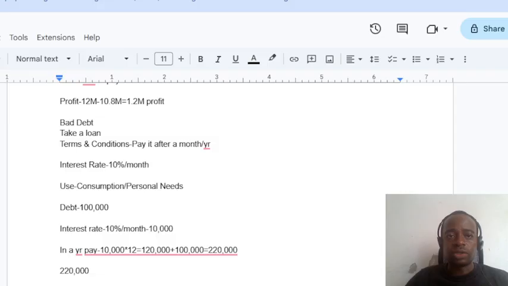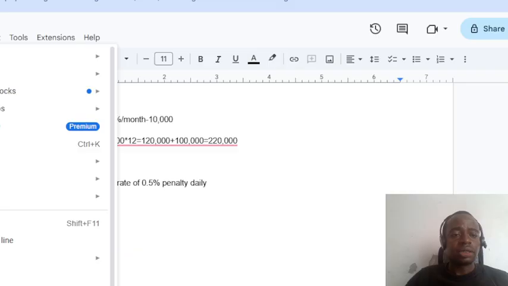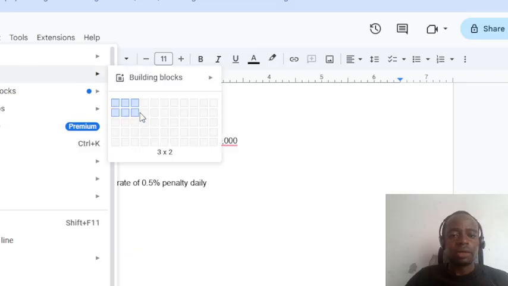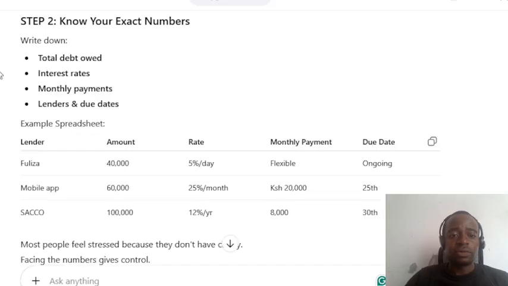So for example, if I come here, Microsoft Word, of course you can use Microsoft Excel. Oh, this is actually Google, not Microsoft. So Google Sheets. In this case, I'm going to insert a table, and we're going to use how many columns? 1, 2, 3, 4, 5. I think that's okay. As you can see here, they've told us that we need to write the lender, the amount, the rate, the monthly payment, and the due date.